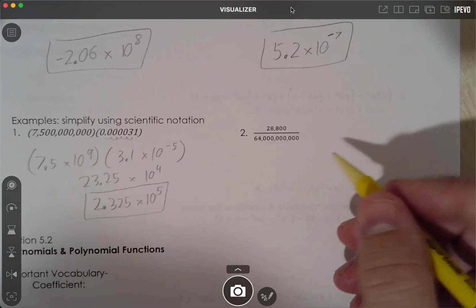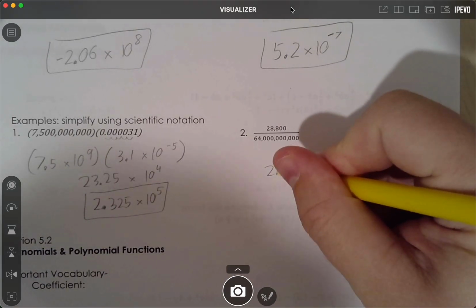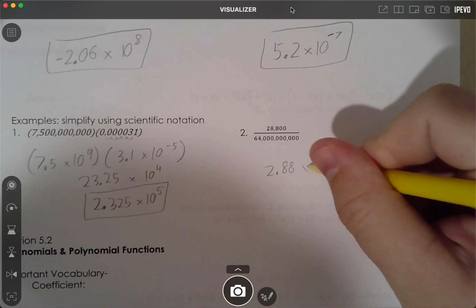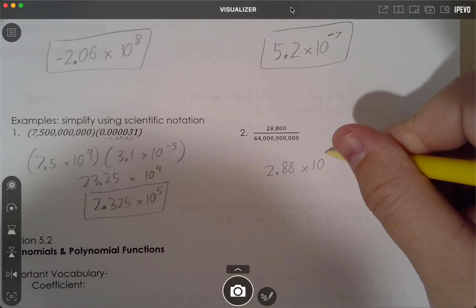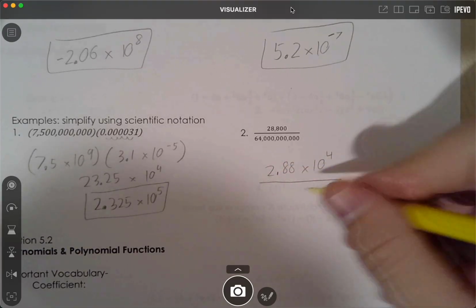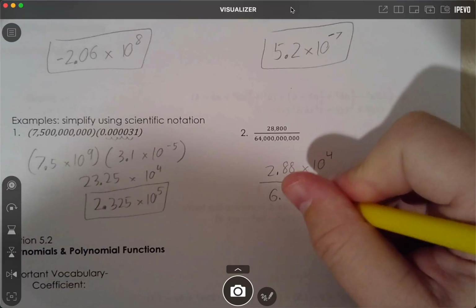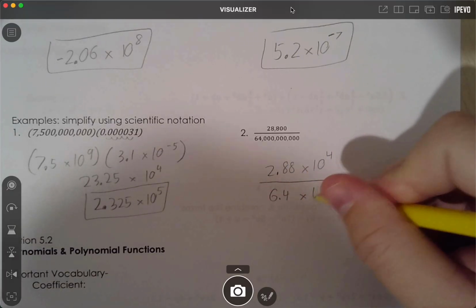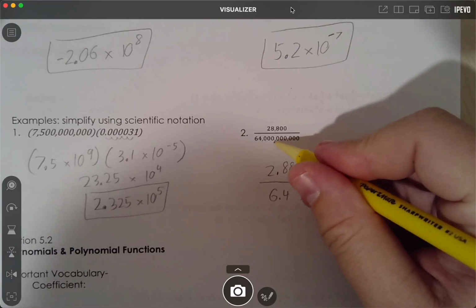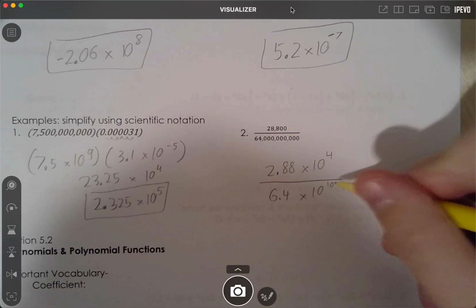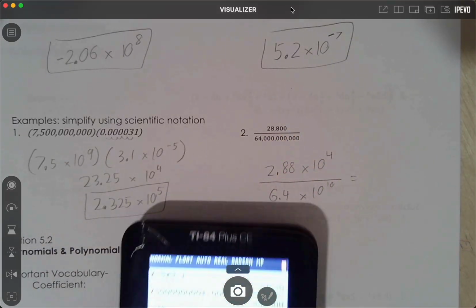Anyway, let's do one more. This would be 2.88 times 10 to the 4th. And then on the bottom, I've got 6.4 times 10 to the 1, 2, 3, 4, 5, 6, 7, 8, 9, 10 places. All right, I need to do that division.